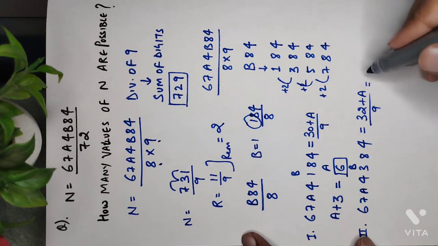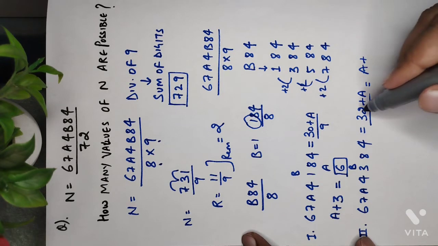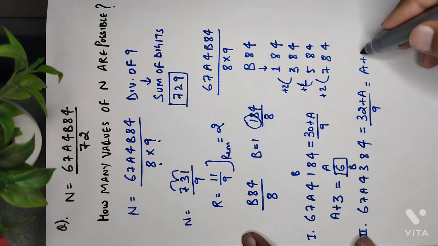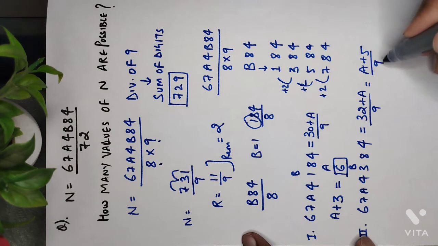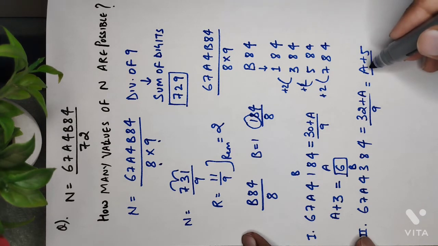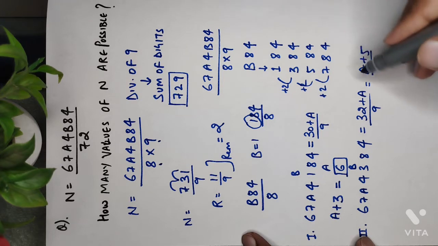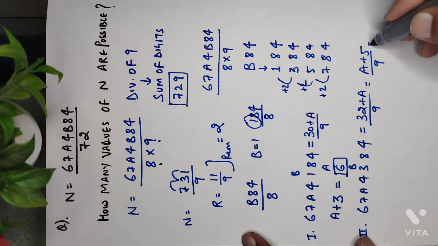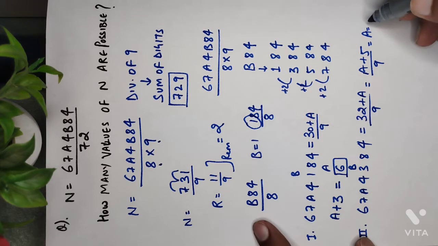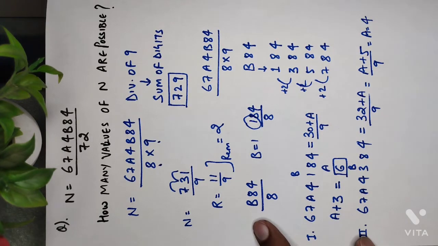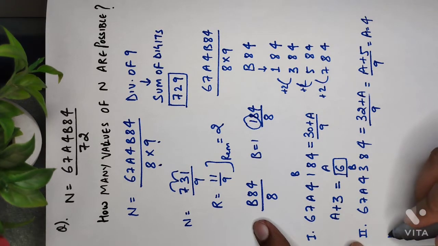Now if I divide this by 9, 9 times 3 is 27, the remainder will be 5. So what value should I keep for a so that it will be divisible by 9? I can say a will be equal to 4. So a is 4 in this one.